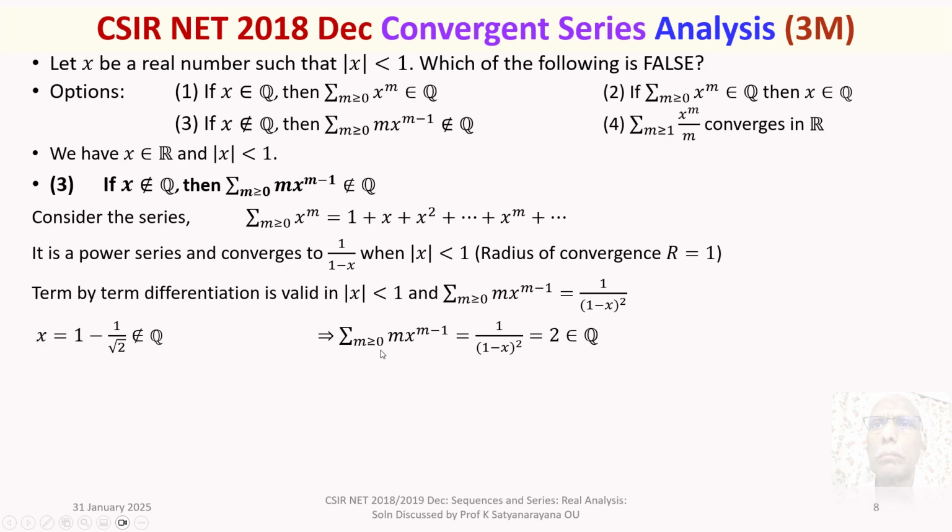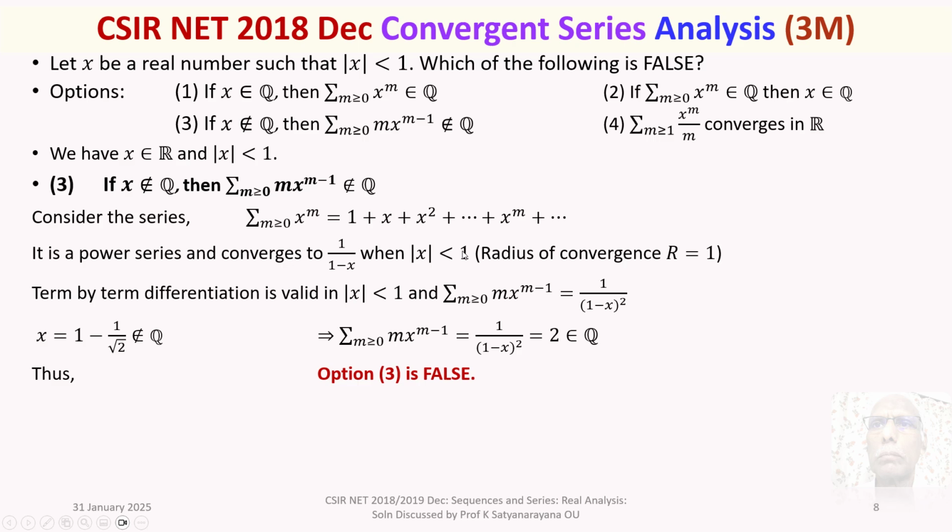So, take the derived series and substitute x is equal to 1 minus 1 by root 2. Then 1 minus x is 1 minus, 1 minus 1 by root 2. The 1 cancels and 1 by root 2 whole square is 2. So 2 is a rational number, it is not irrational. So the statement given in option 3 is not true.